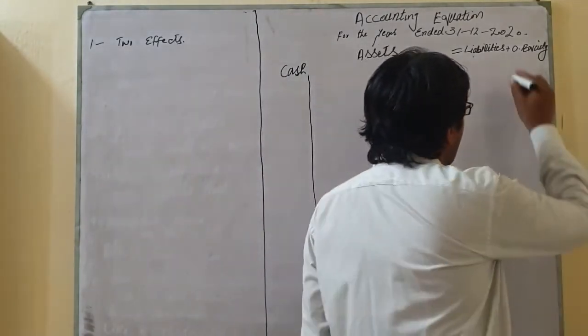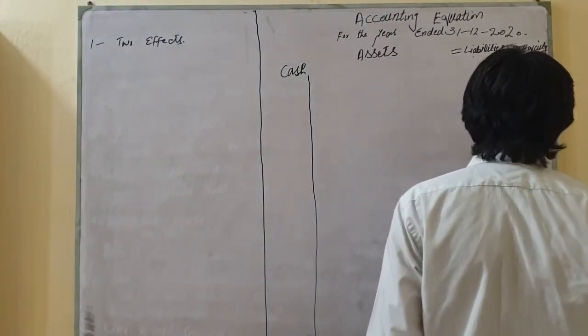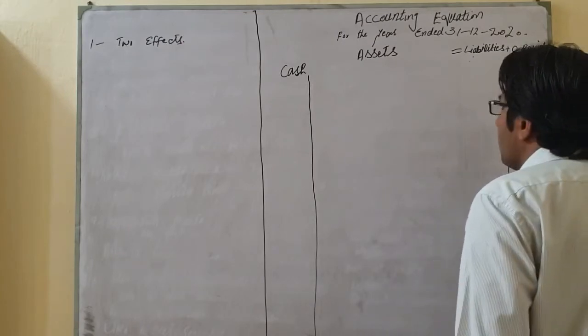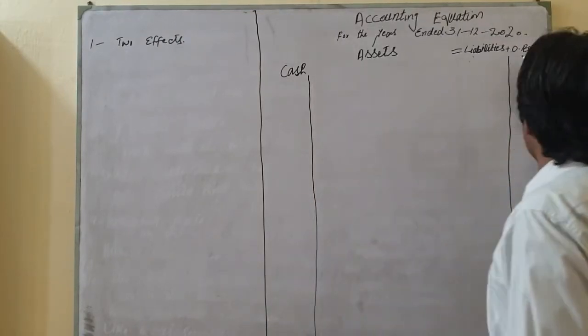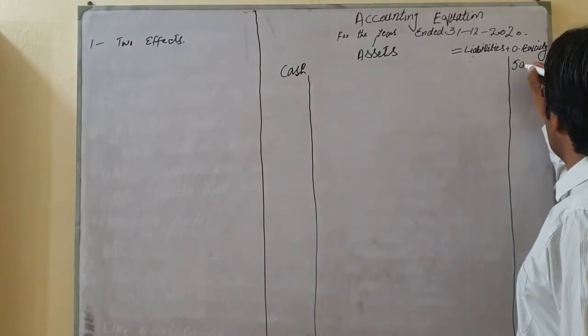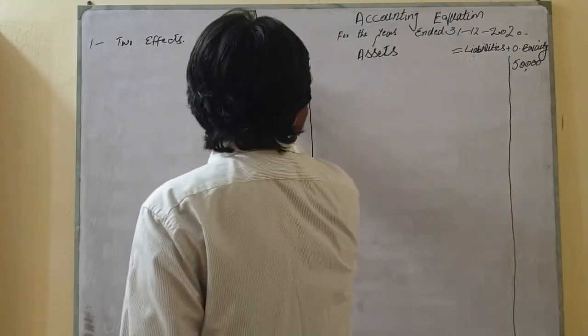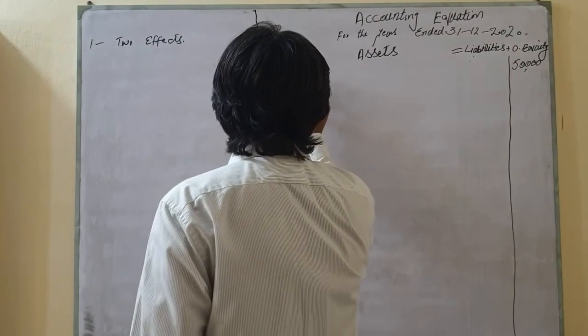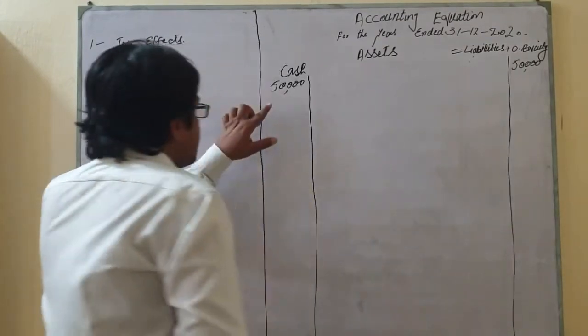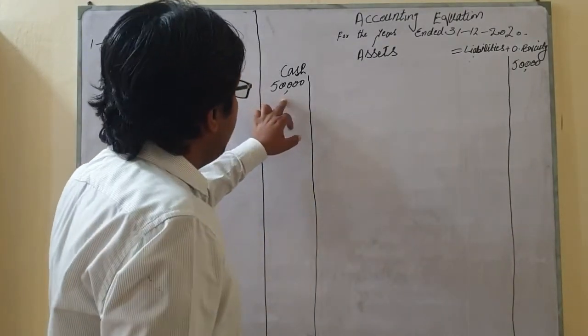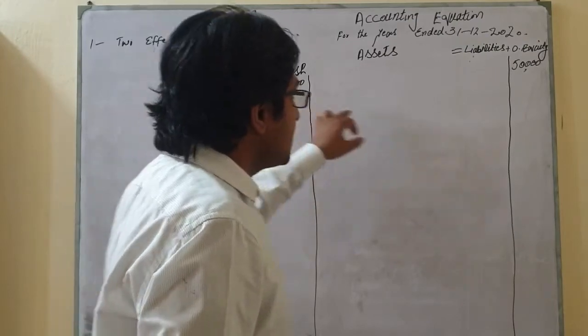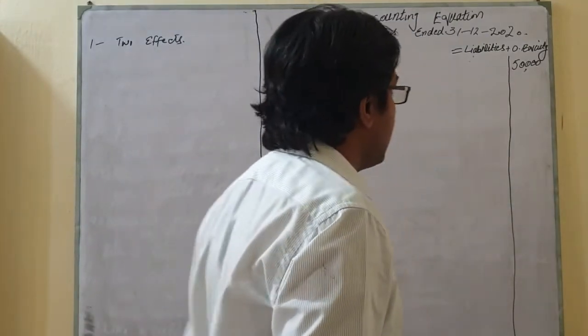Similarly, we have to draw owner equity column where we will write the amount of owner equity. So this is the two-fold effect. One effect is in cash, the second effect is in owner equity.